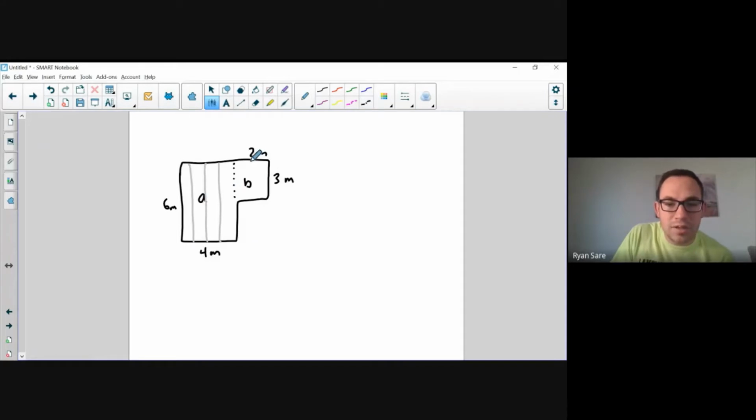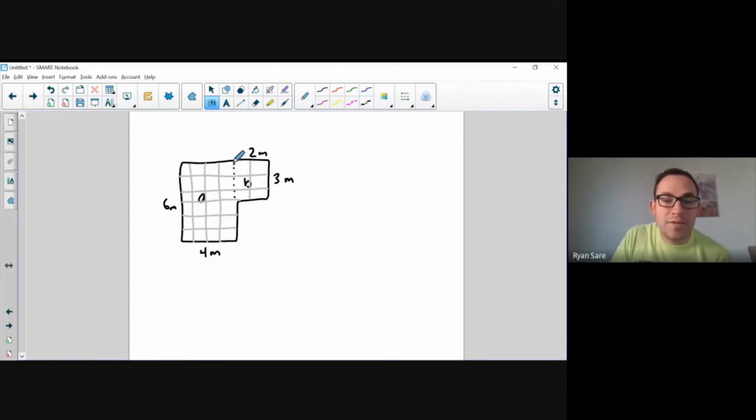And I'd have to draw 2 here. And then I'd have to have 3 here. And then I'd have to have 3 more down here for 6. 1, 2, 3, 4, 5, 6. And then I could count the squares, and that would tell me the area.